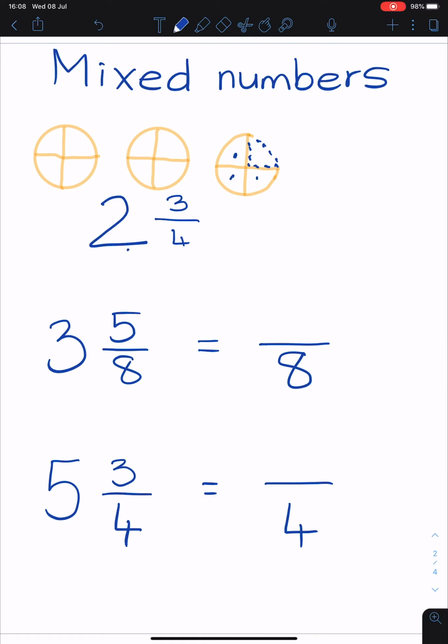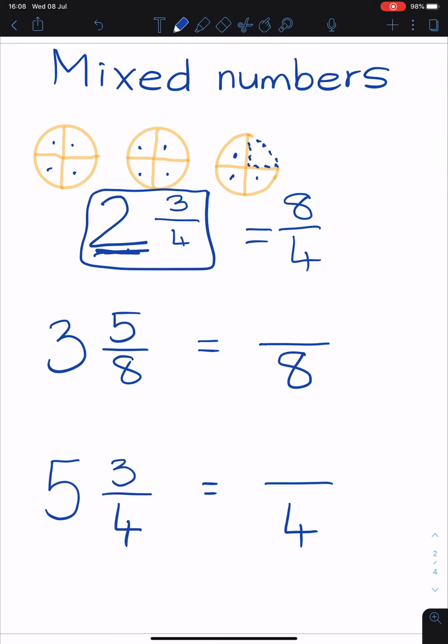What would I write if I wanted to change this mixed number into an improper fraction? The 2 whole pizzas could be called 1, 2, 3, 4, 5, 6, 7, 8 quarters, plus my 3/4 will be 11 quarters.